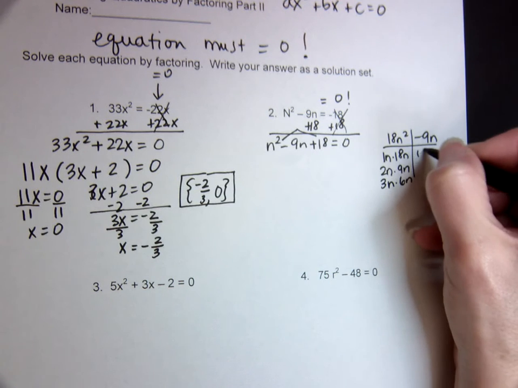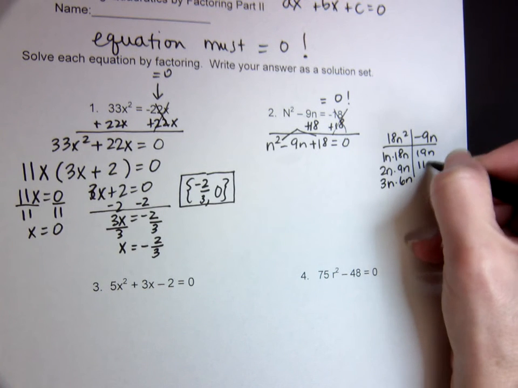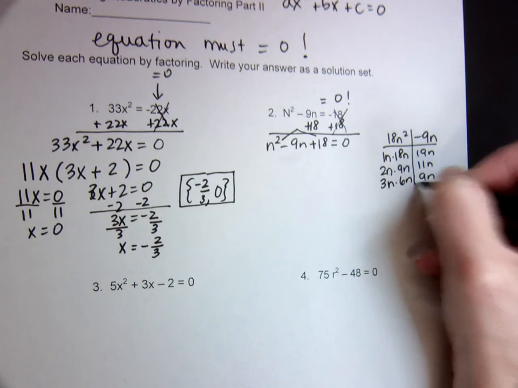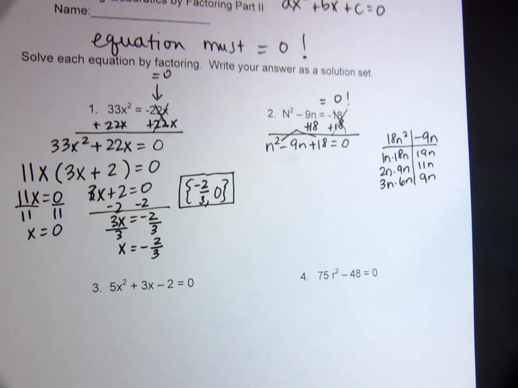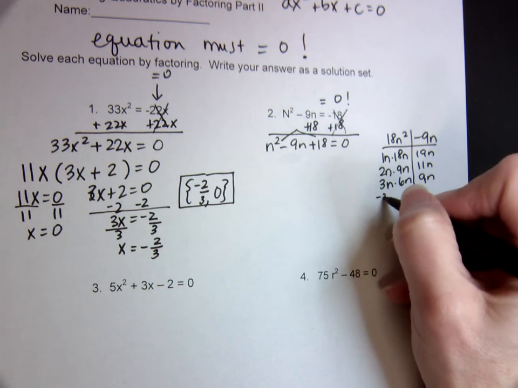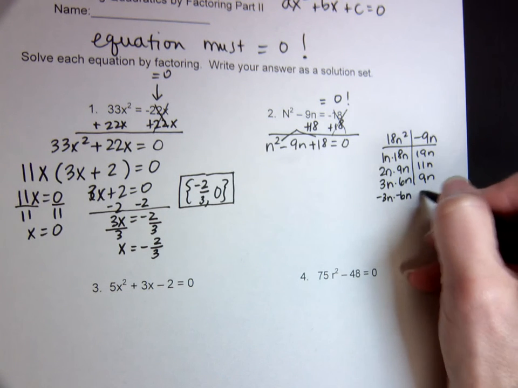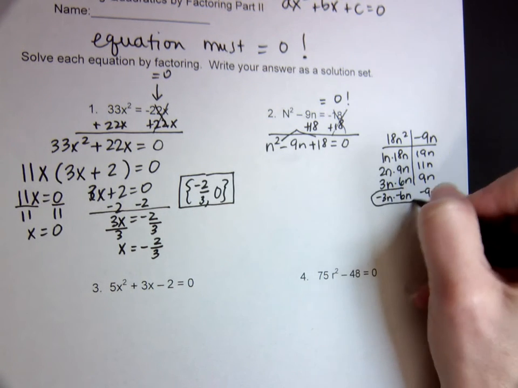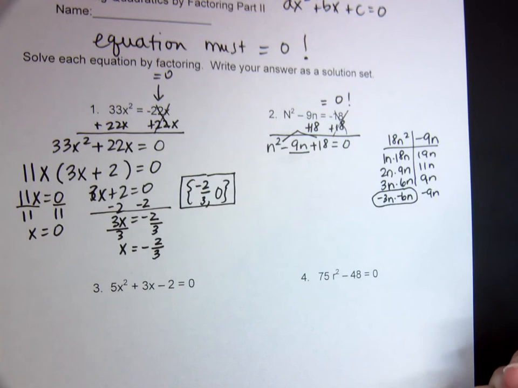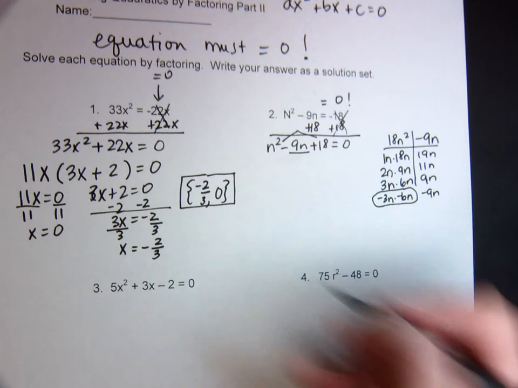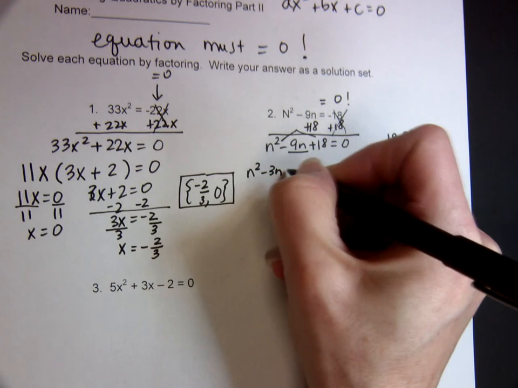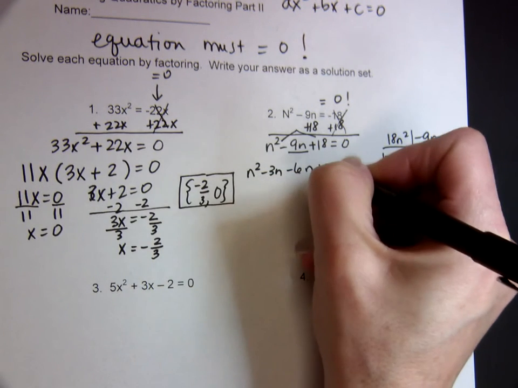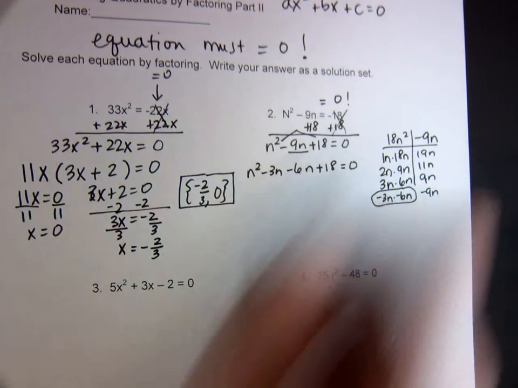And then they have to add to a negative 9. I see a positive 9. Change both of these to a negative, yes. So that's what's going to replace our negative 9 in the polynomial. So now n squared minus 3n minus 6n plus 18 equals 0.